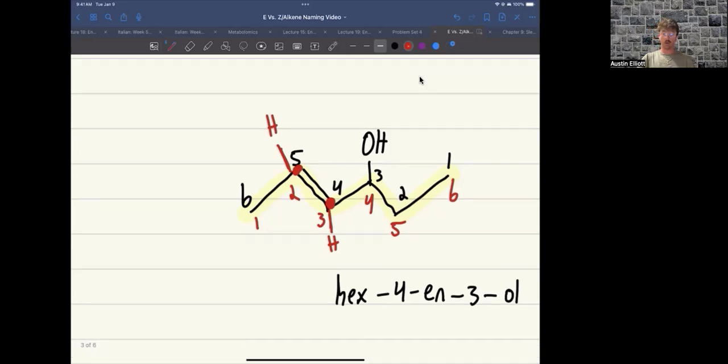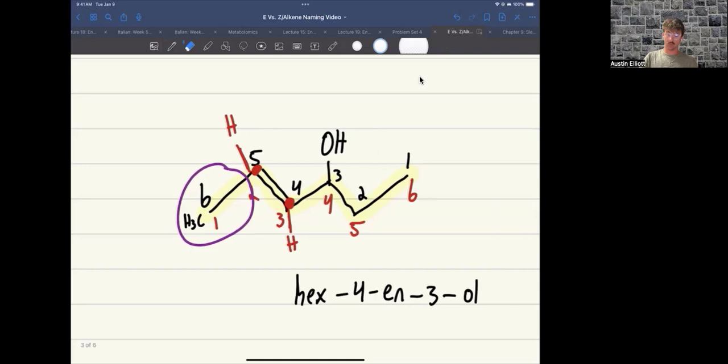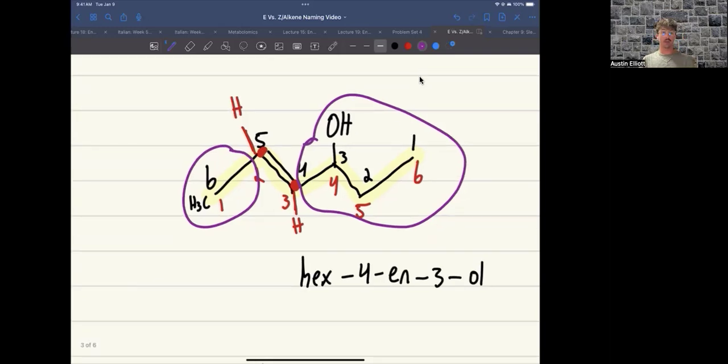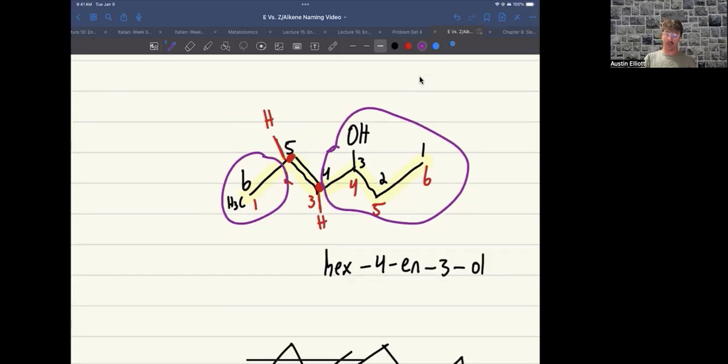So now we can easily tell that this methyl group is larger. And then on this right side, this nice carbon chain with the alcohol in there is much larger than the hydrogen. So we have a group going down and a group going up. So in this case, we're going to have E hex for E and 3 ol.